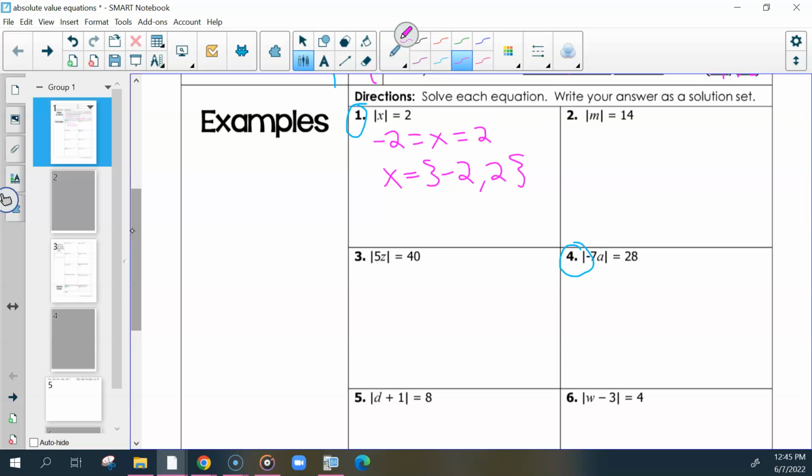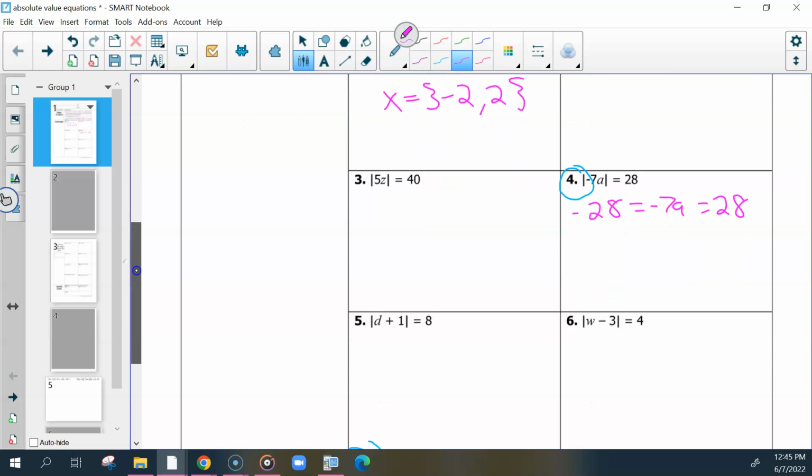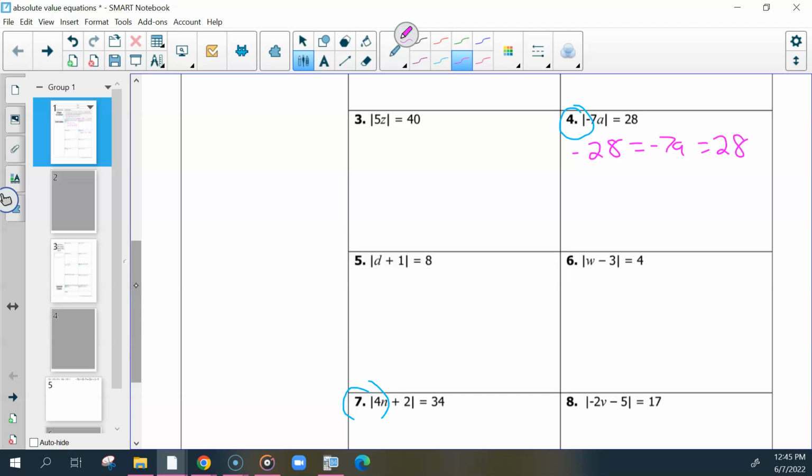For number 4, we would do the same thing. This is already isolated. So we would take that inside, set it equal to a negative and positive version of 28. So negative 28 equals negative 7a equals positive 28. Then you could solve all of these by dividing everything by negative 7.